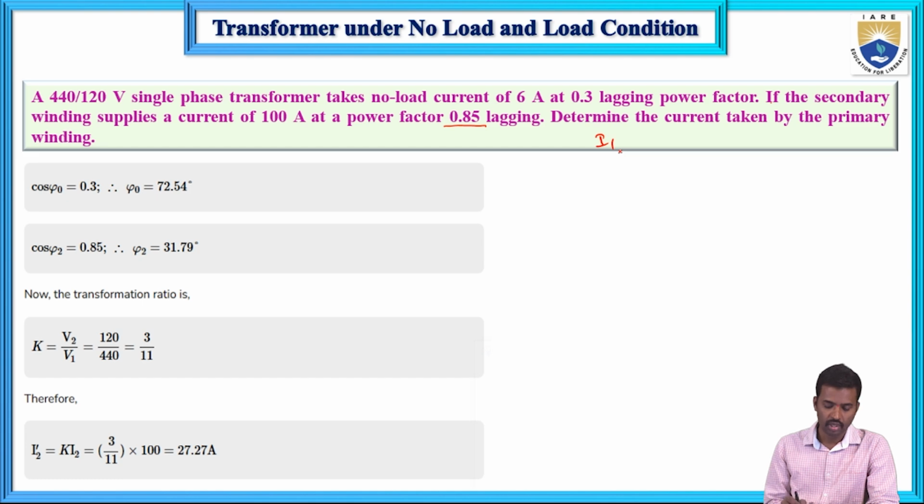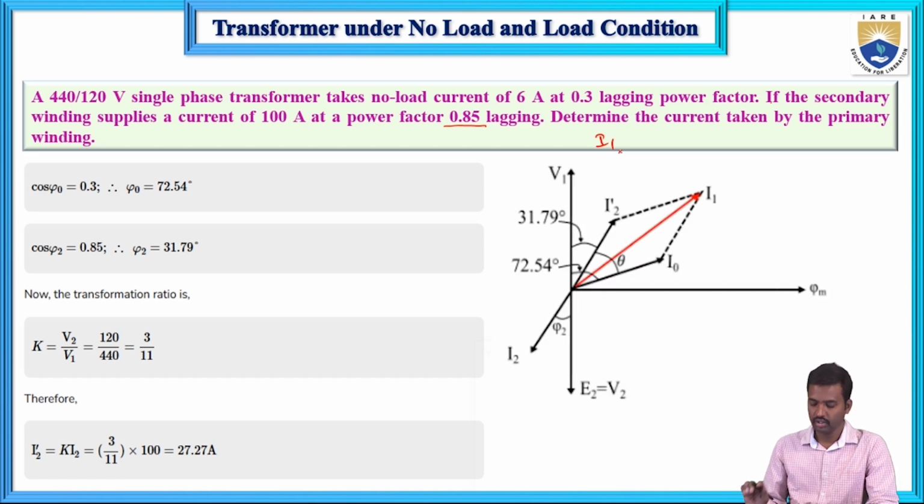First, if you draw the graph here, this is the lagging power factor. I2 lags V2 or E2. This is the reference, and this is I0 and I2. This I1 you need to determine here, and this is V1.